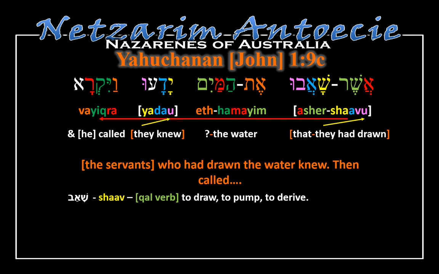So the servants that they had drawn, et ha-mayim, the water, yada'u, they knew, va-yikra, and he called. The servants who had drawn the water knew, and they have a full stop, then called, or then he called.